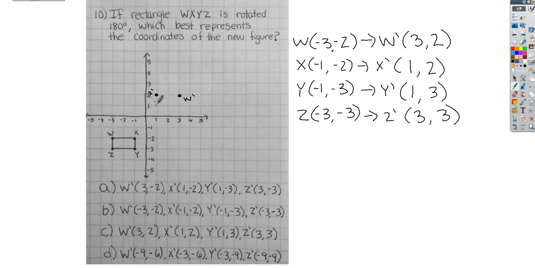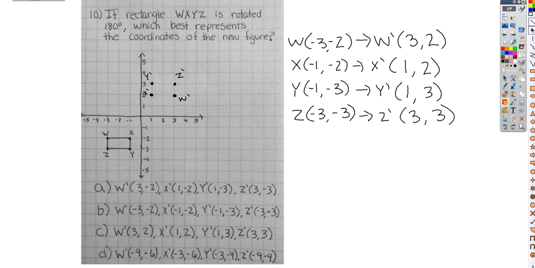Y prime is over 1 up 3. And Z prime is over 3 up 3. So yes, we did end up in the correct quadrant. So we are good to find our answer.